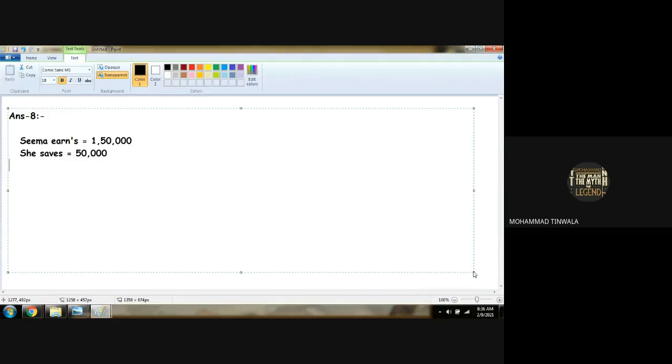It is given in the question. We don't have how much she spent. So can we say 1,50,000 minus 50,000, 1 lakh is her spending? Yes or no?